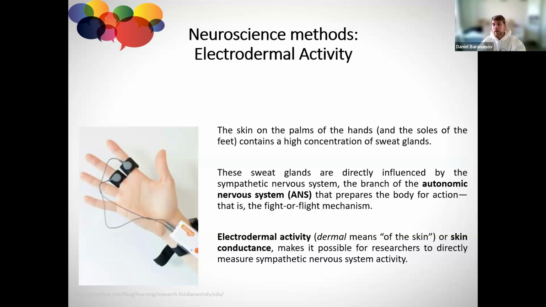This is one of the indicators which can be combined with others to get us, as researchers, some useful information about the overall level of activation of the person. Unfortunately, it doesn't show why the person is stressed or activated, so it's not specific and should be combined with other techniques to provide us with more information about what is happening exactly.